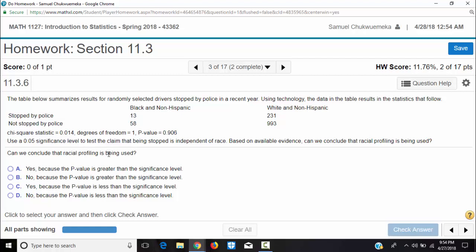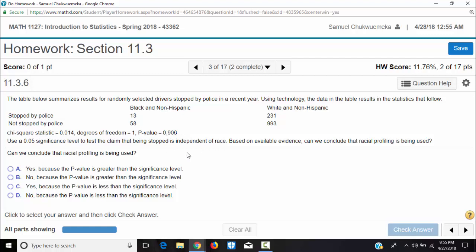In this case, the null hypothesis is that being stopped by police is independent of race. The alternative hypothesis is that being stopped by police is not independent of race. So there's a dependency.